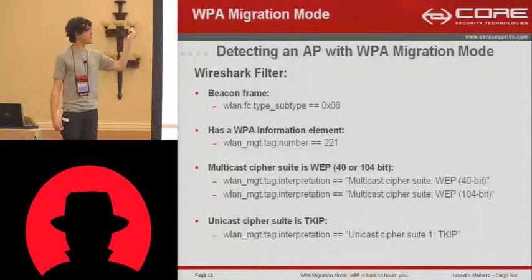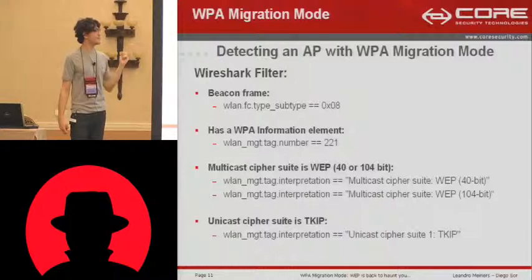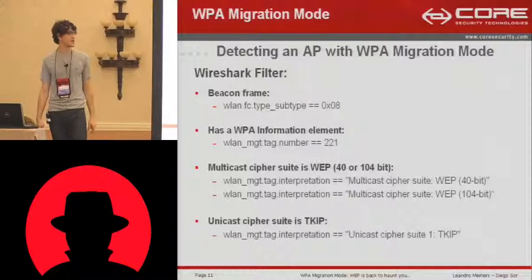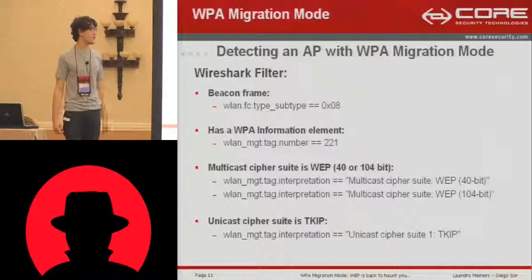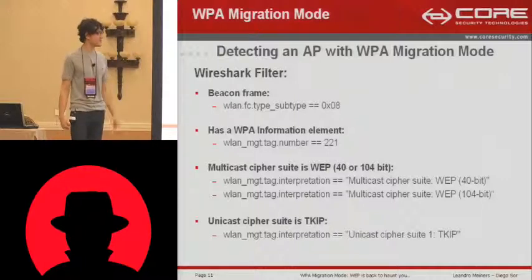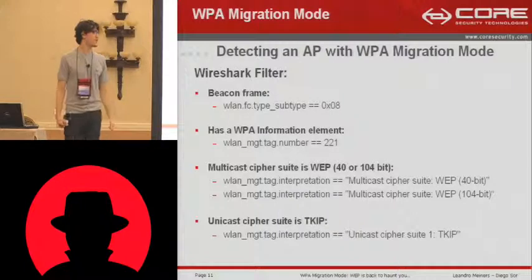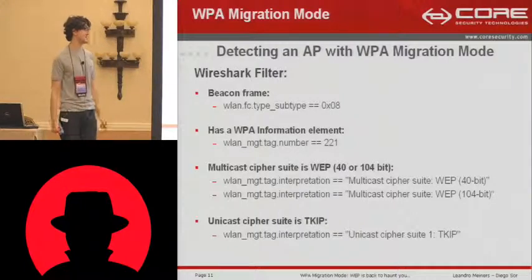Then the multicast cipher suite, which is inside one tag of the WPA element, must be multicast cipher suite WEP 40 bits or WEP 104 bits. And finally, the unicast cipher suite is TKIP.